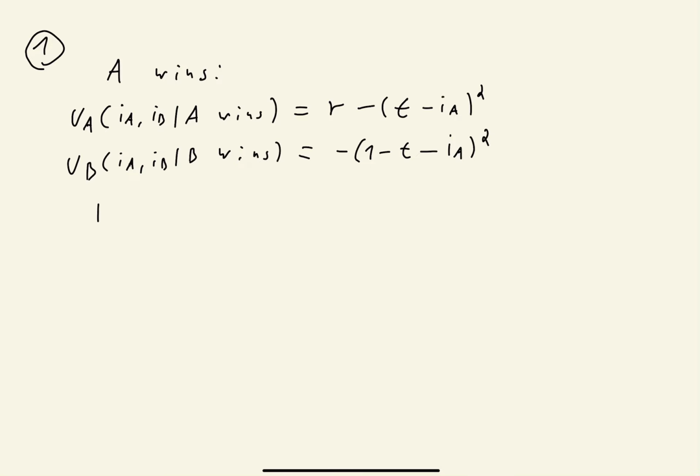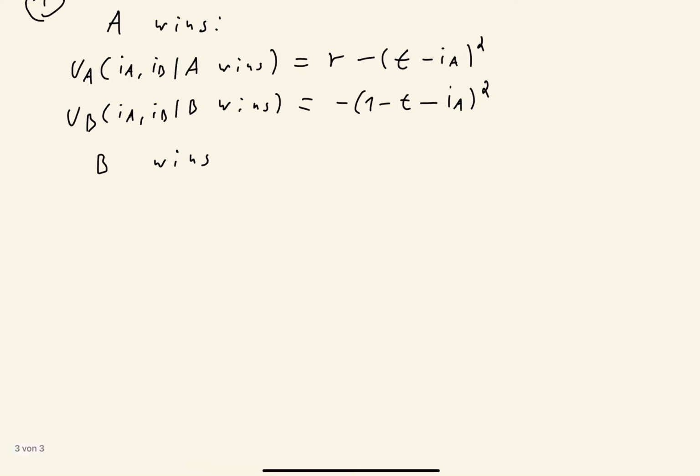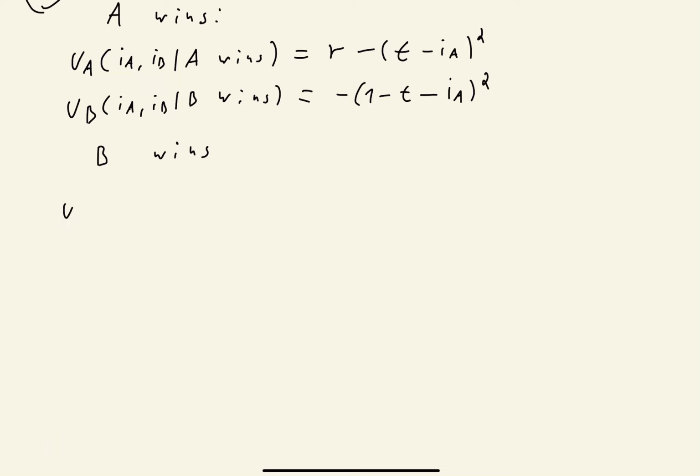We can do the same thing if B wins. If B wins, then the utility of A, conditional on B winning, is given by minus (T minus IB) to the power of 2.